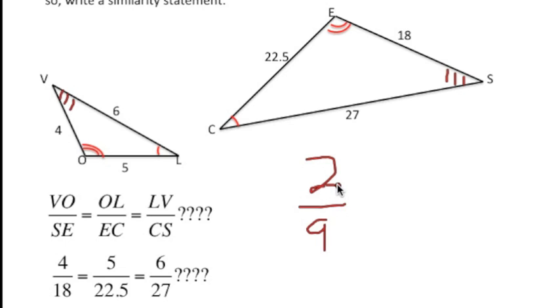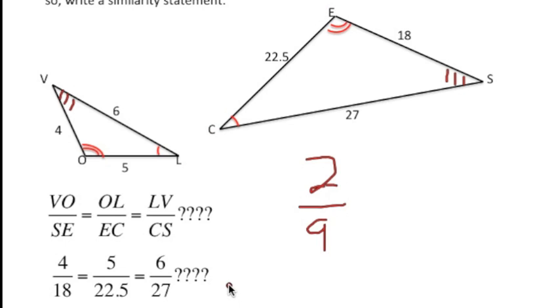Now, using that, I can actually make a statement about these two triangles because all the corresponding angles were congruent and the corresponding sides were all proportional. So I can state that triangle VOL is similar, not congruent, but similar to triangle SEC.